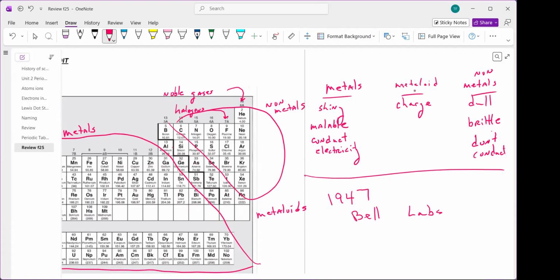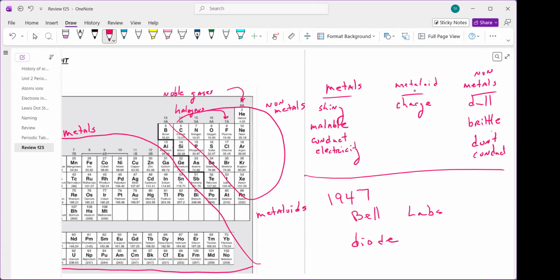Huh? Yeah. They took metalloids and devised something called a diode. And the diode is an electronic switch. And the reason why diodes work is because of metalloids.